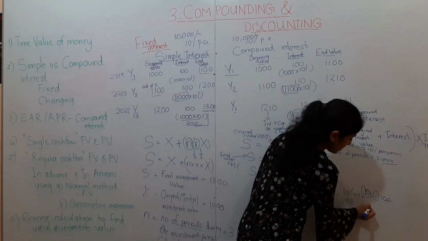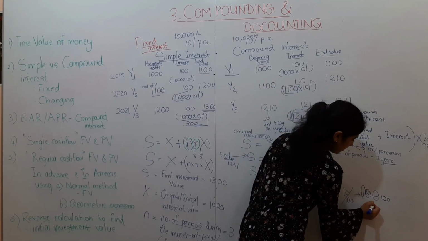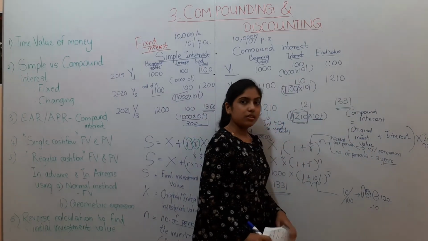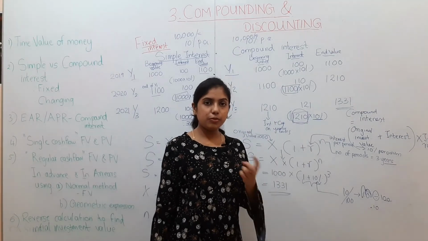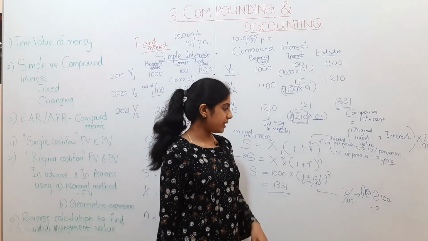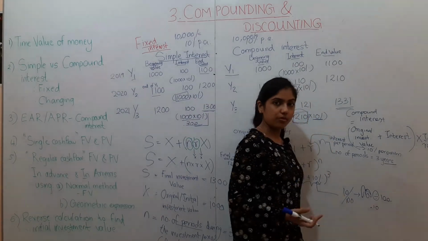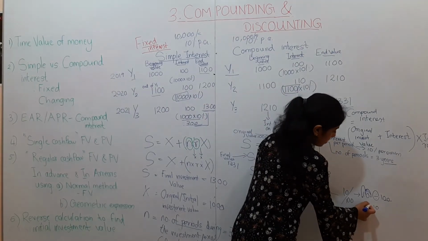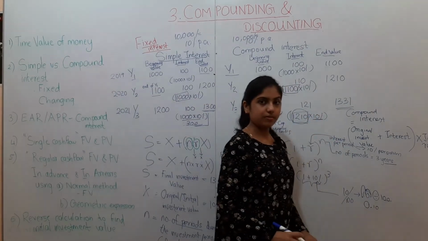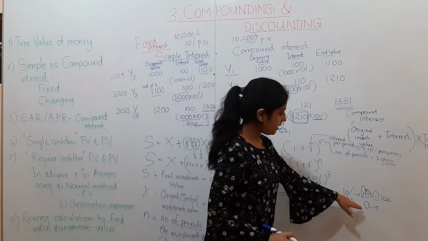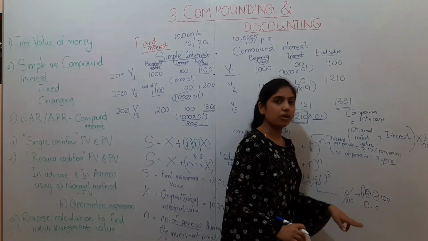Remember, if there is no amount before the decimal place, it means it has 0 before it. So it will be 0.10.